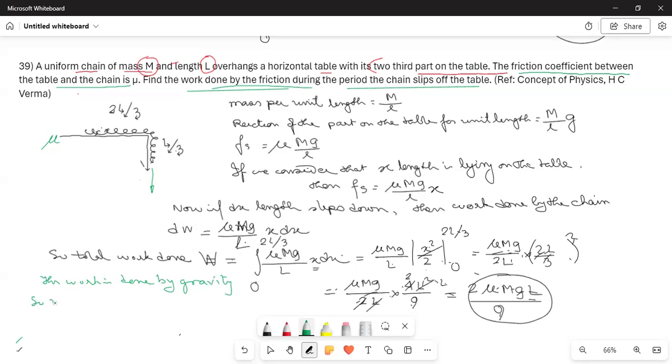So work done by friction is the negative of that, equal to minus 2 mu M g L by 9. And this will be the answer.